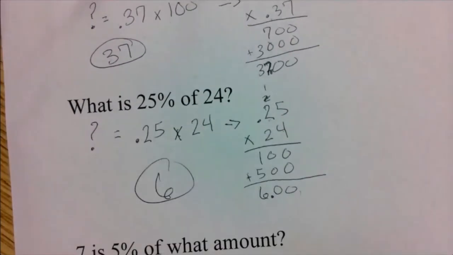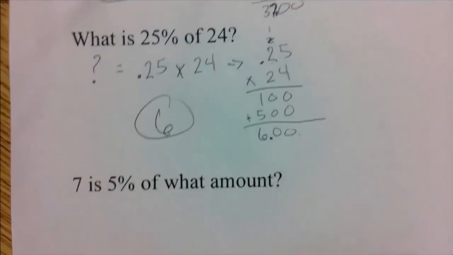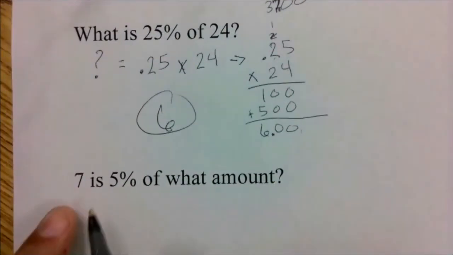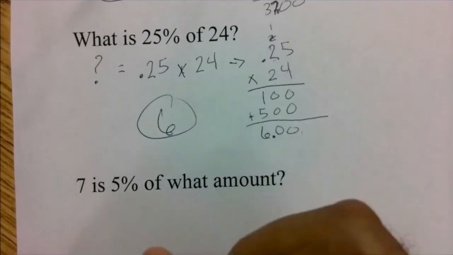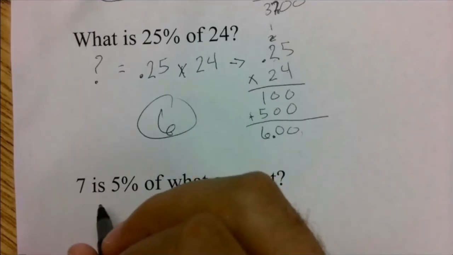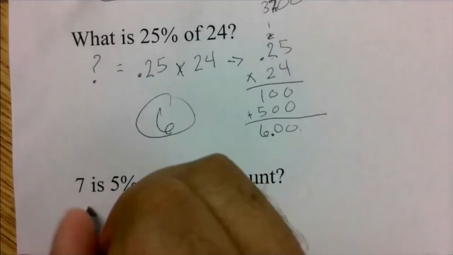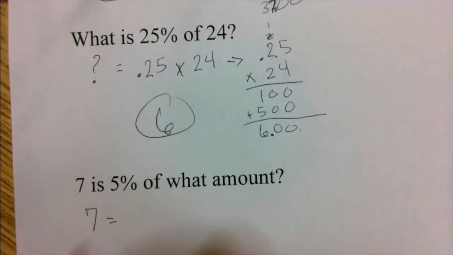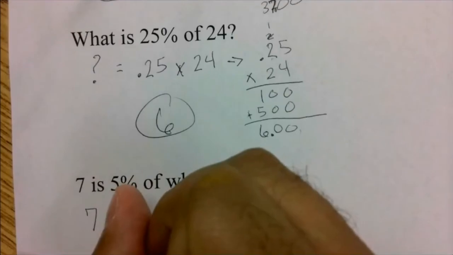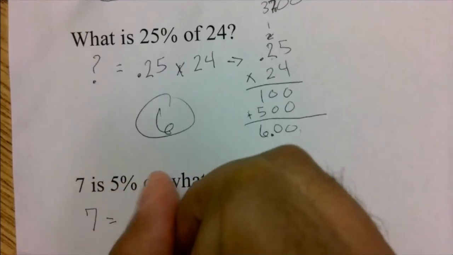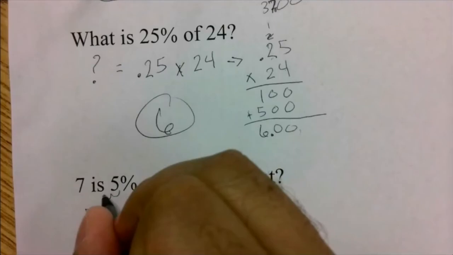All right. Now, there's another way we can see this, and that's saying 7 is 5% of what amount? Now, this is going to be worked a little different when we look at our math sentence. So we have 7 is, change that 5% to its decimal version, so 0.05. Move that decimal over twice.